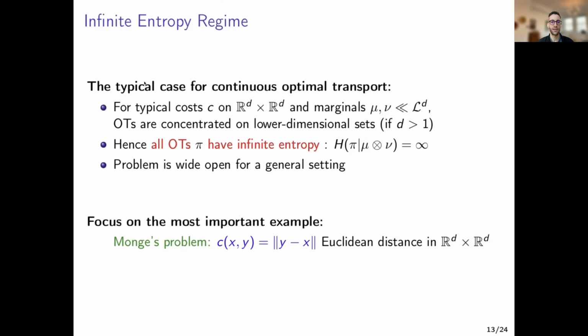So if optimal transports are concentrated on lower dimensional sets, it means that they cannot be absolutely continuous with respect to Lebesgue measure, then they can also not be absolutely continuous with respect to mu times nu, if those are absolutely continuous. So it follows that all optimal transports typically have infinite entropy in the continuous setting.